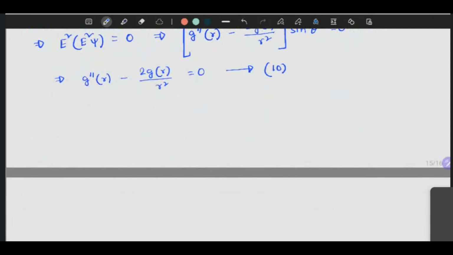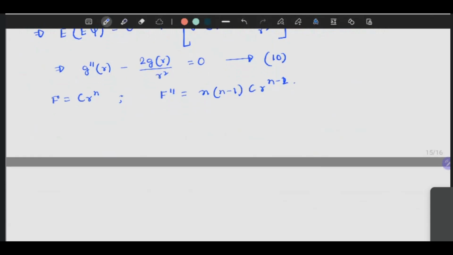If you assume an answer f equal to c times r to the power n, then f double prime becomes n into n minus 1 times constant r to the power n minus 2, right?